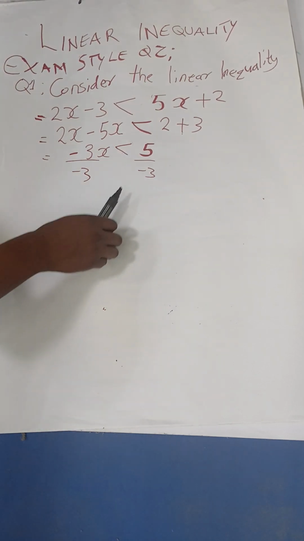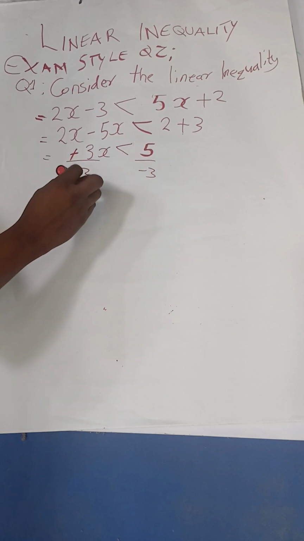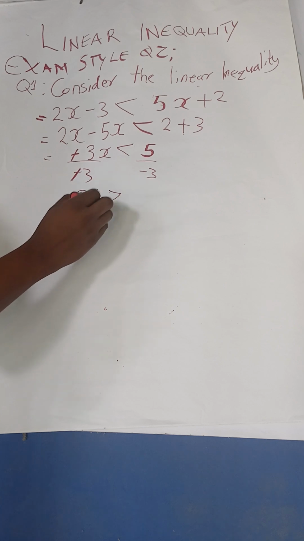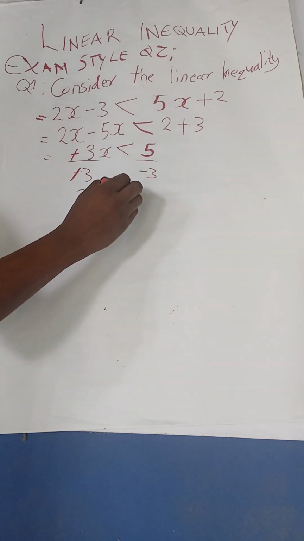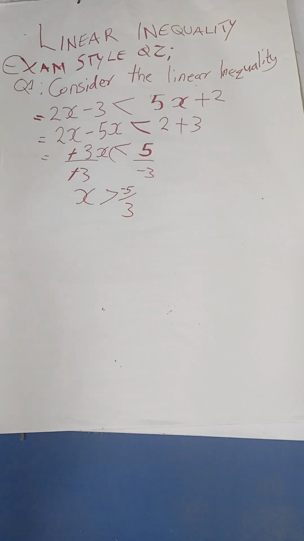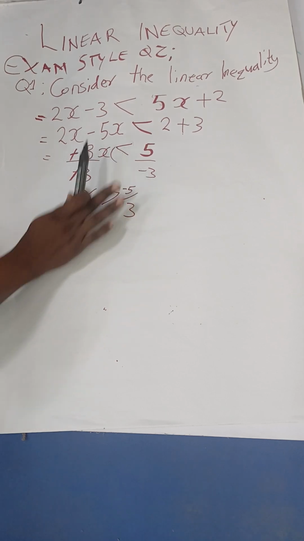So the answer must be x greater than -5/3. You see the sign has changed. It was less than, and it has gone to greater than. If we had divided by a positive, the sign would have remained the same.